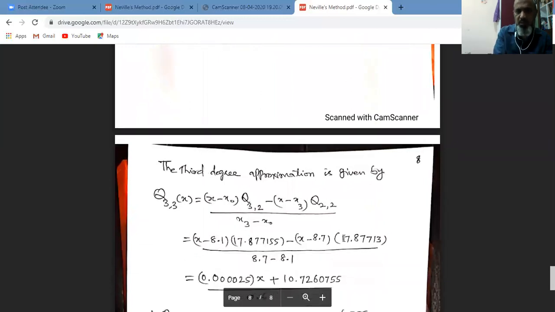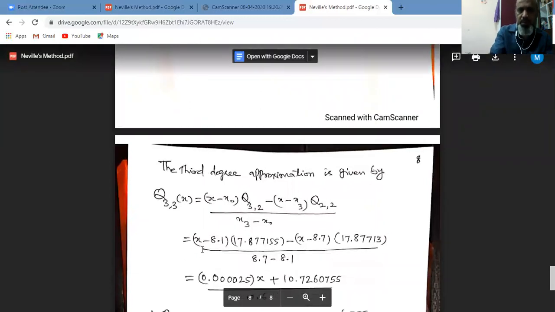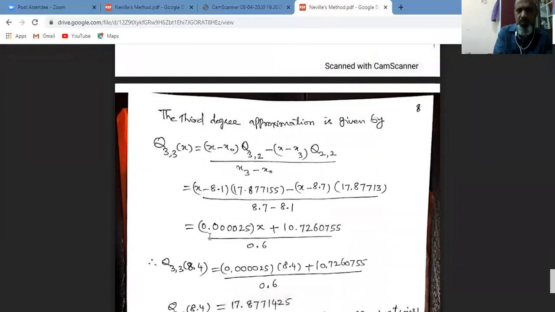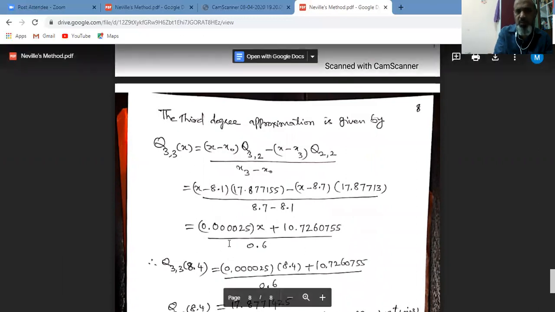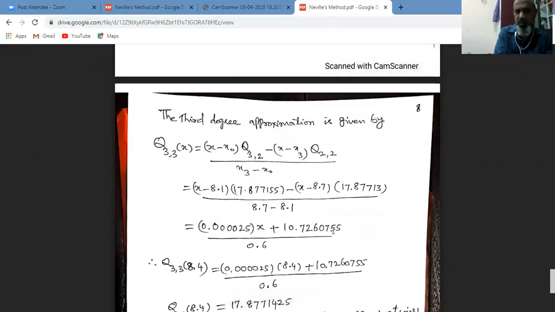We are substituting the values here and simplifying, and we get the polynomial Q33(x), the third degree approximation, as 0.000025x plus 10.7260755, divided by the difference, which is 0.6. Now again we have to determine the value at x equal to 8.4.